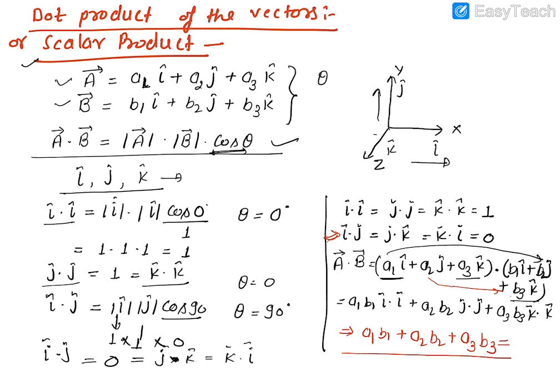So this is the a dot b vector, or scalar product of the vectors, or dot product of the vectors, because you can see here we are only getting a scalar value, not a vector. You cannot see any unit vector i, j or k in this, so that means this is a scalar value, so it is called a scalar.